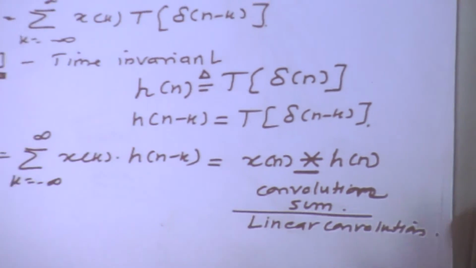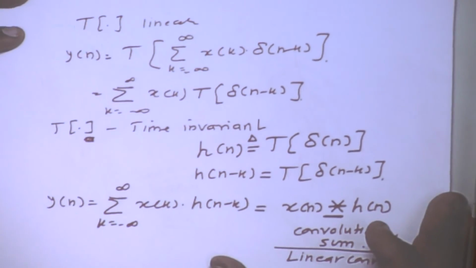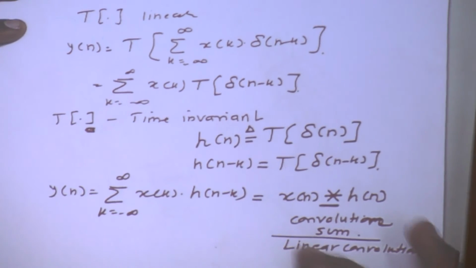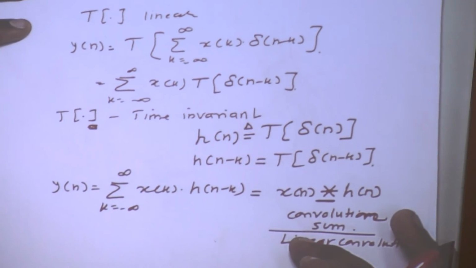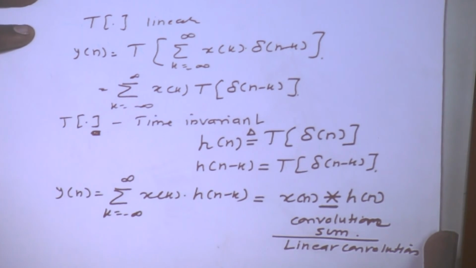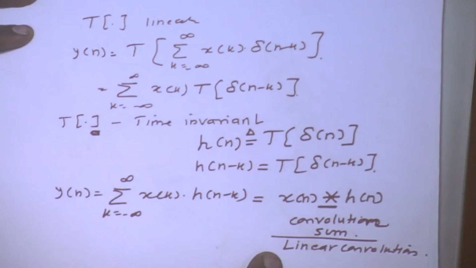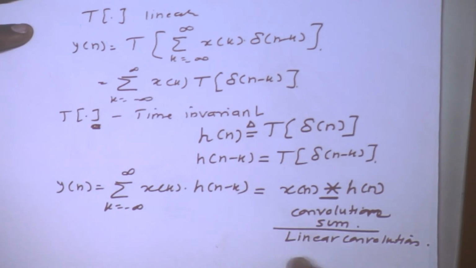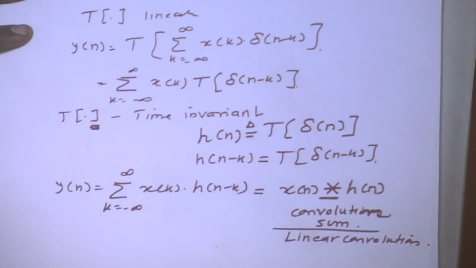In the case of discrete time systems, there are two different convolutions. Hence, we have to name this convolution linear convolution because it is an effect of linearity applied on systems. Because this is applied to linear systems, I have to call this linear convolution. With reference to continuous time systems it was the convolution integral; here it becomes the convolution sum.